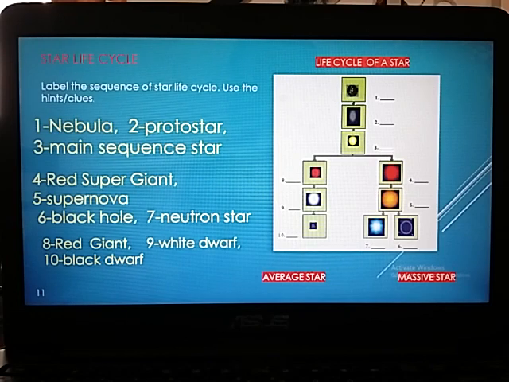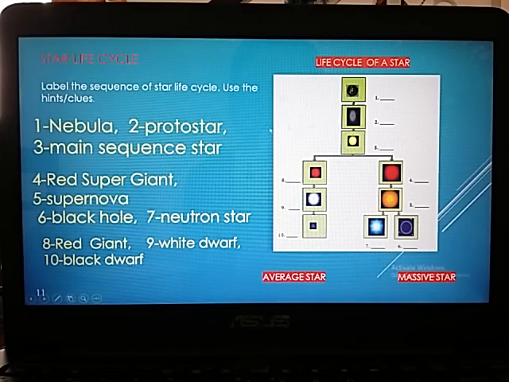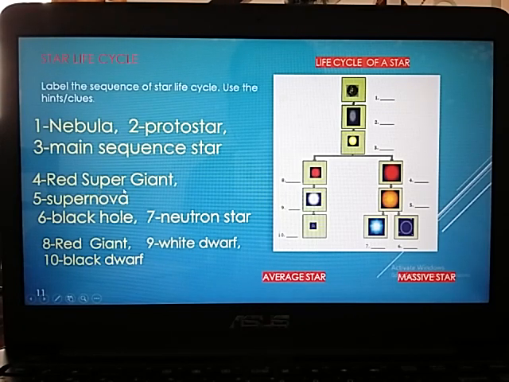So, ito yung mga words na ilalagay dito. Nebula, protostar, main sequence star, red supergiant star, supernova, black hole, neutron star, red giant star, white dwarf, and the black dwarf star.